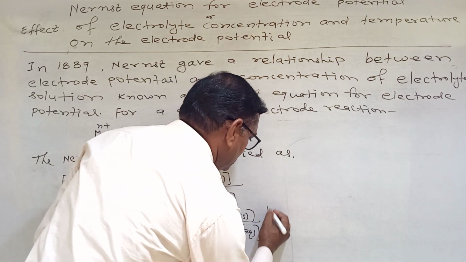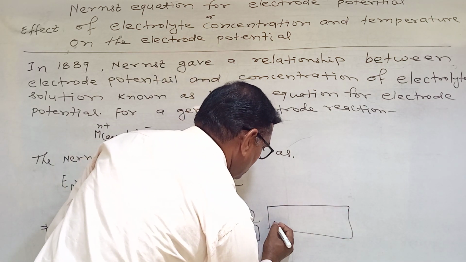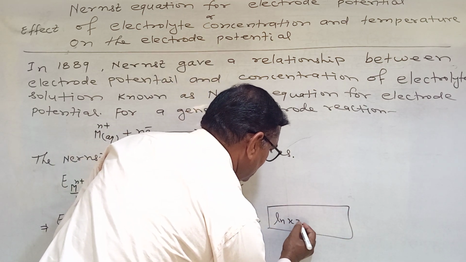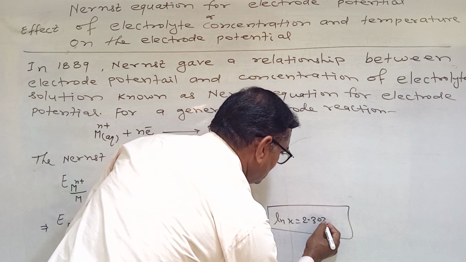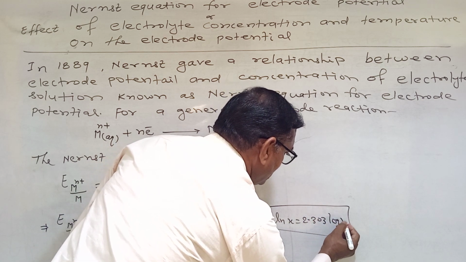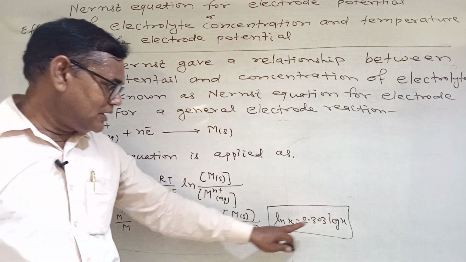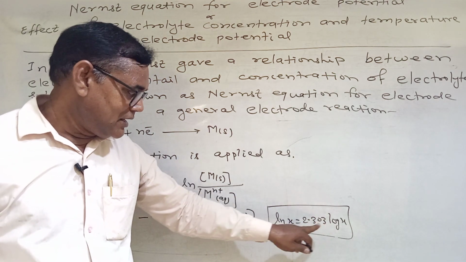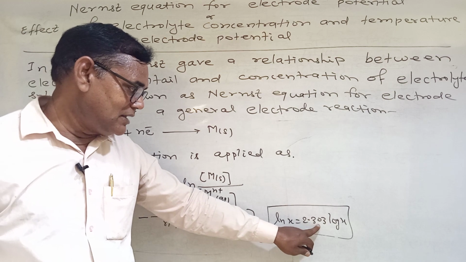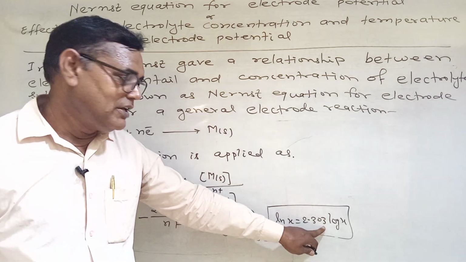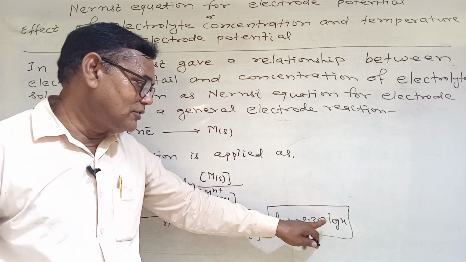Here, natural log x is equal to 2.303 general log x. If natural log is converted into general log, a constant is multiplied in general log, which is 2.303.